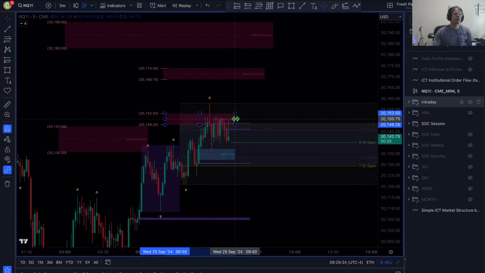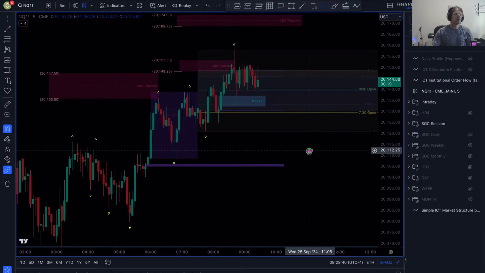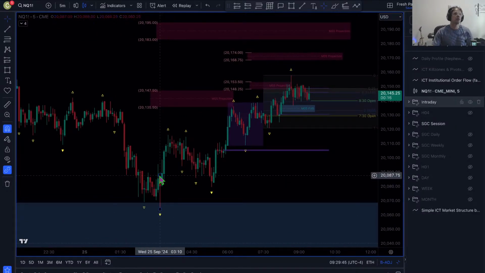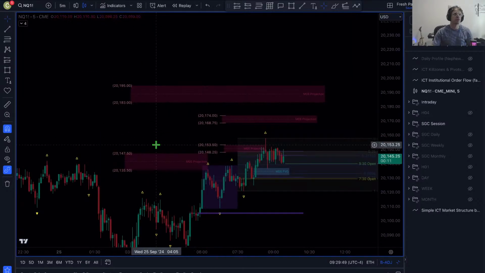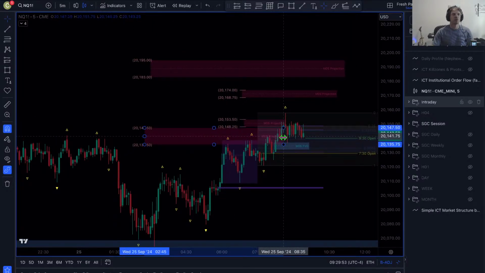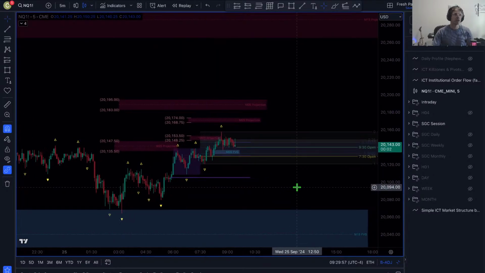All of that because we didn't break and close through this projection, so more sell side liquidity will be required. The initial manipulation from this structure has not met its fourth objective. It has closed through the second objective, which indicates to me that we will go for the fourth objective before coming too far back.